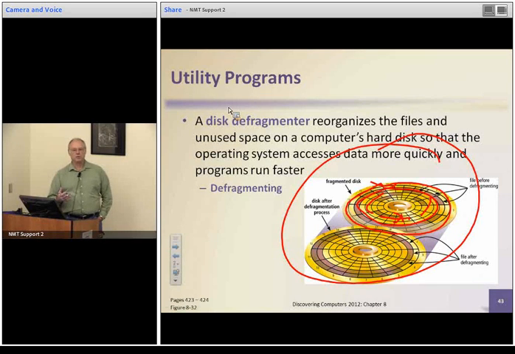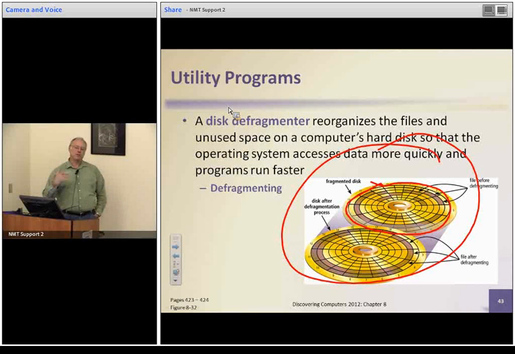And what Windows will do, you can see here, all the brown you see on here is one file. And Windows will store, wherever there's free space, it'll break up your file. Otherwise, it might tell you, sorry, I can't find enough contiguous space to store your file. So it'll break it up so it doesn't need one huge space.